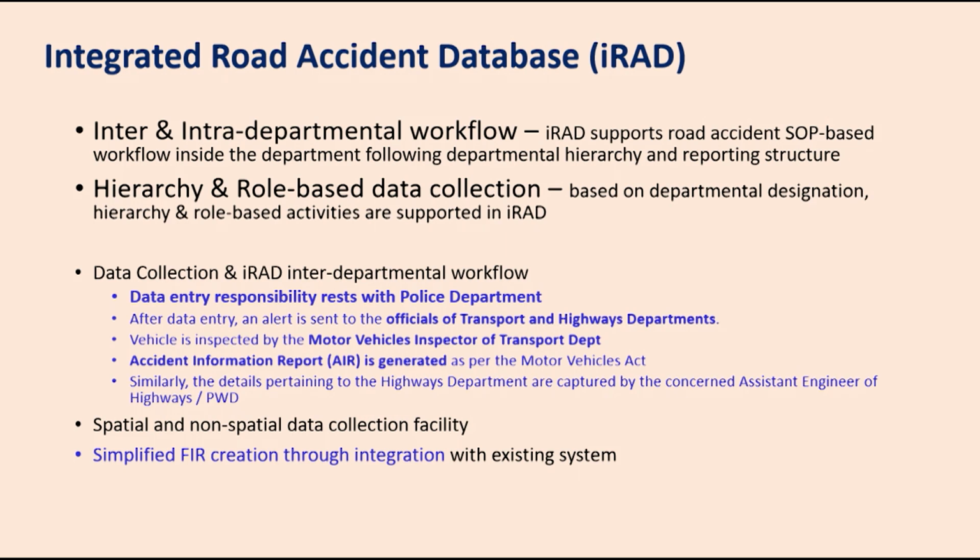They will visit and fill their part. All the information related to vehicles and victims may not be filled by the traffic policeman, so they have certain sections which the traffic policeman will fill. Some of the vehicle related things, the MVI is more expert in.